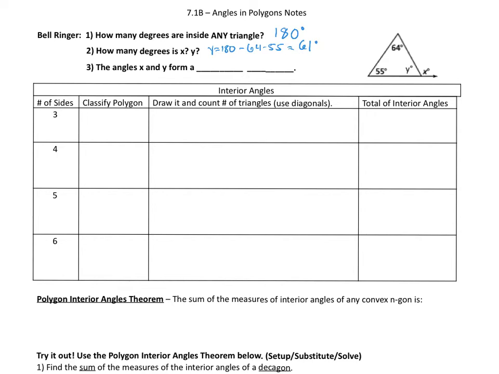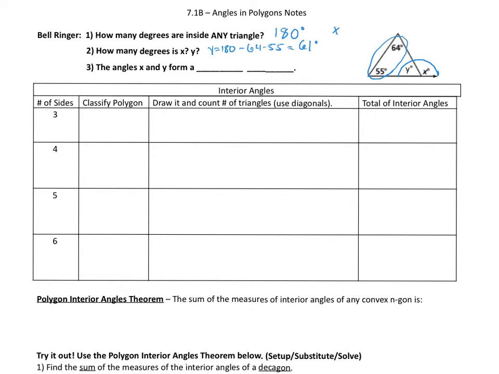How many degrees is X? Well, as we can remember, X is equal to the sum of the two opposite angles. Or we can say X is also supplementary to Y. So X could be 180 minus Y, or we can say X is 55 plus 64. Both logic works.